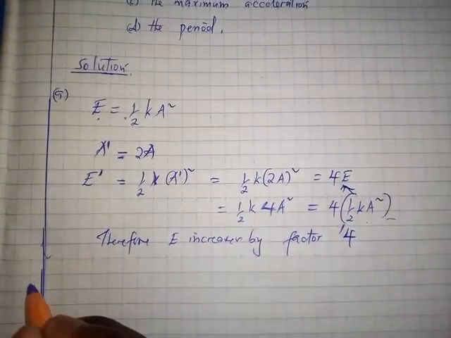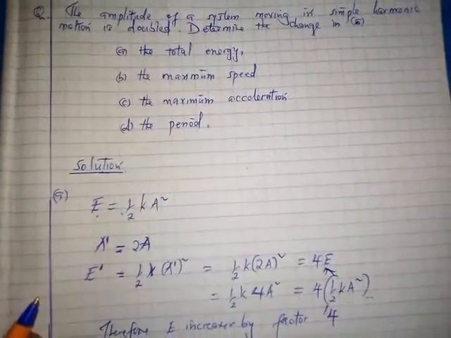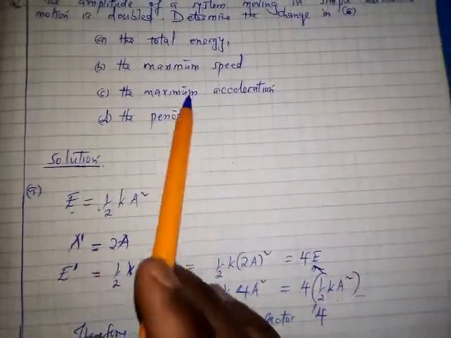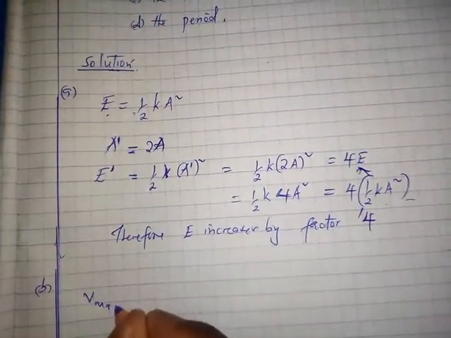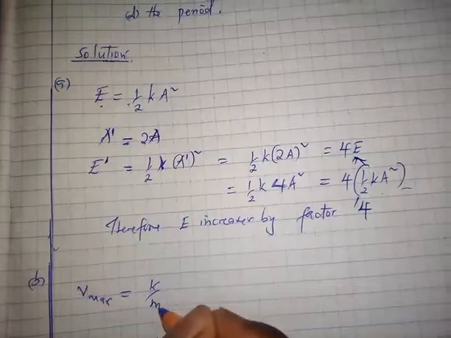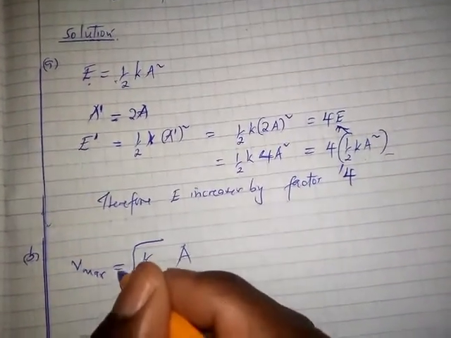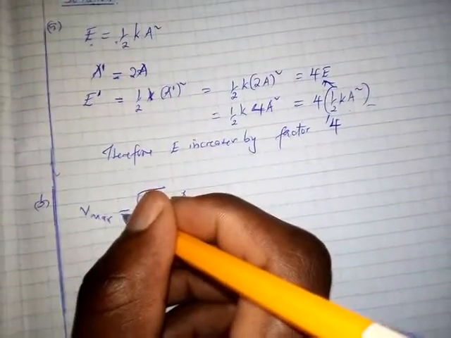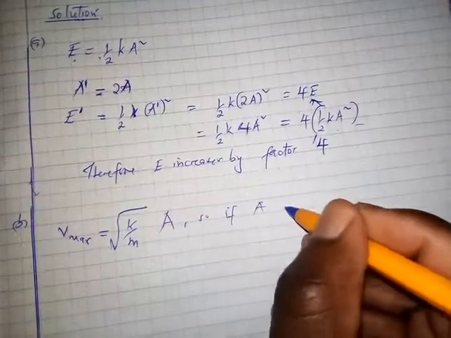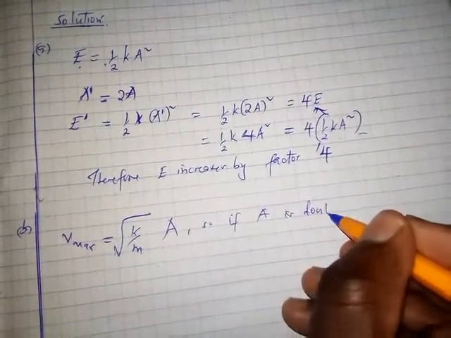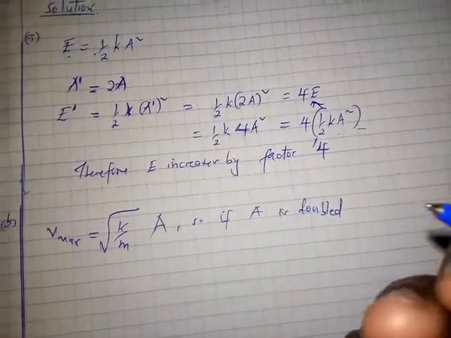B, the maximum speed. V max is given by the square root of K over M times A, where the square root of K over M is the omega. So if A is doubled, V max is doubled.